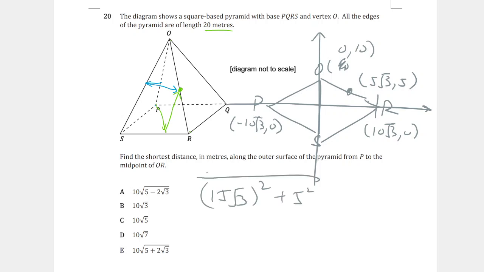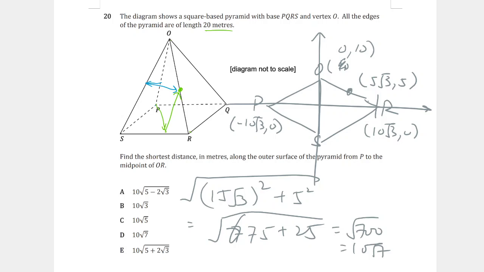So let's see what that gives us. 225 times 3 is 675, and then plus 5 squared, that's 25. So this is the square root of 700, which is 10 root 7.